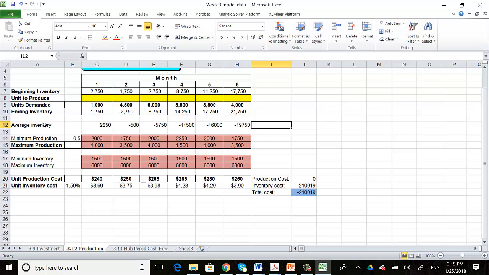We also have the average inventory. And I'm going to just move those down here. My mouse is really difficult to use too. Okay, so here, the production cost.